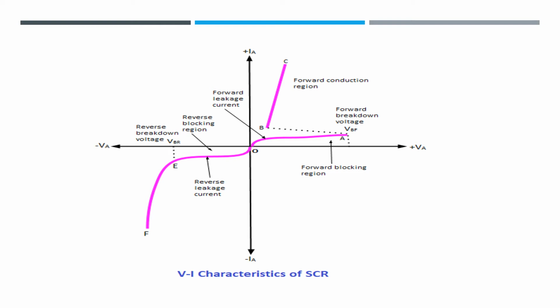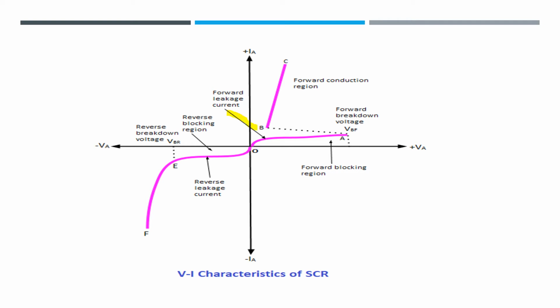Now in this figure, it is clearly shown that this is your forward blocking state and this is your forward breakdown voltage. And then your device enters the forward conducting state until you reach here, where you can see this is called the forward conduction region, and this current is called the forward leakage current.